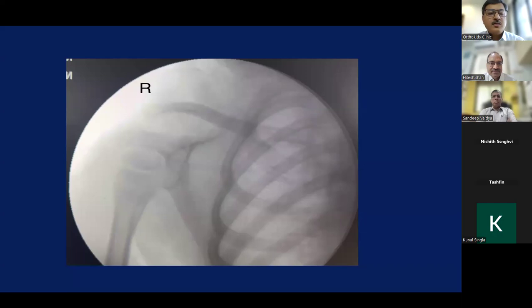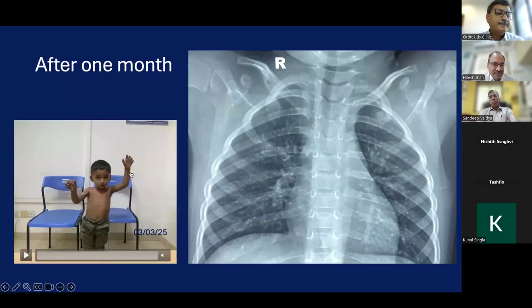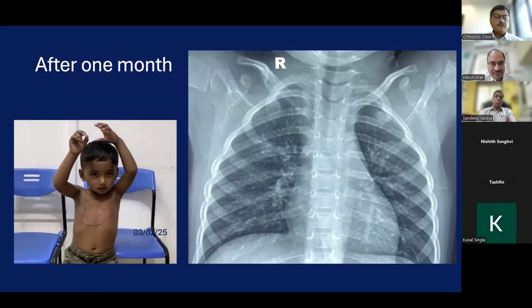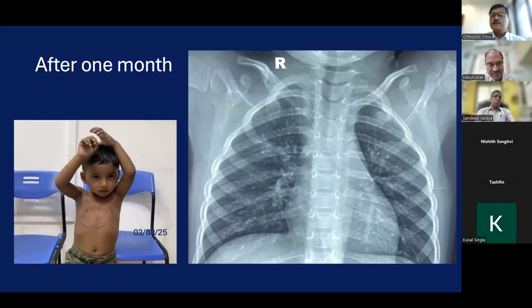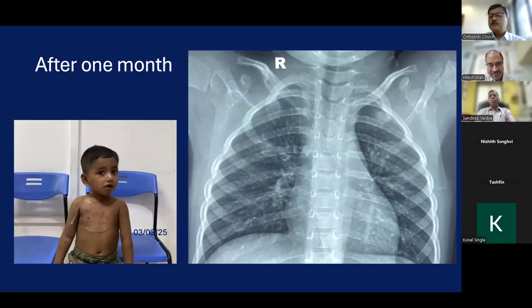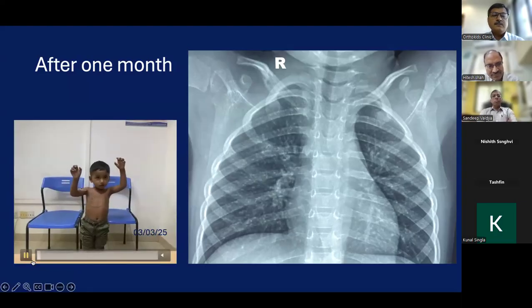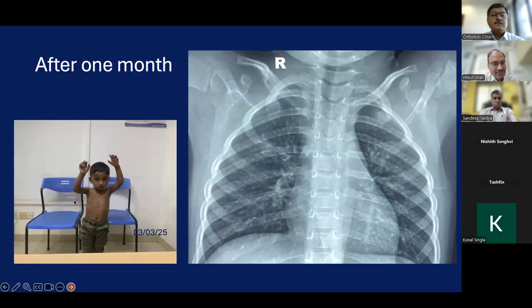Tashwin, you can show the follow-ups. And this is after 1 month, and after 2.5 months.